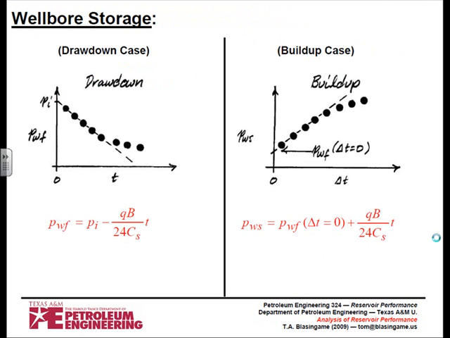Let's do PI minus PWF, right? And that's equal to what? QB over 24 CS times T. You like that? That's wellbore storage only, right?